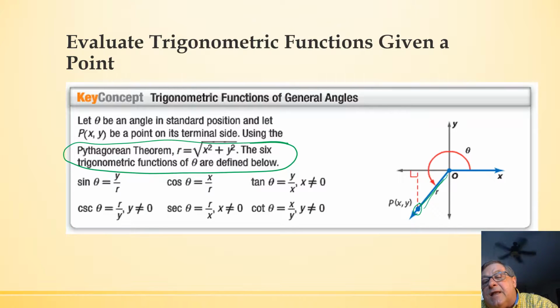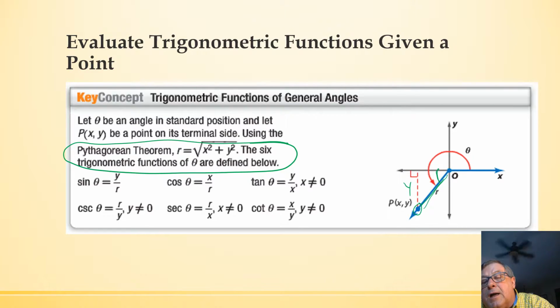So now if this is theta and this is part here on this terminal side, if we're looking for the sine, being the opposite over the hypotenuse, then it would be designated as this y coordinate over the hypotenuse.